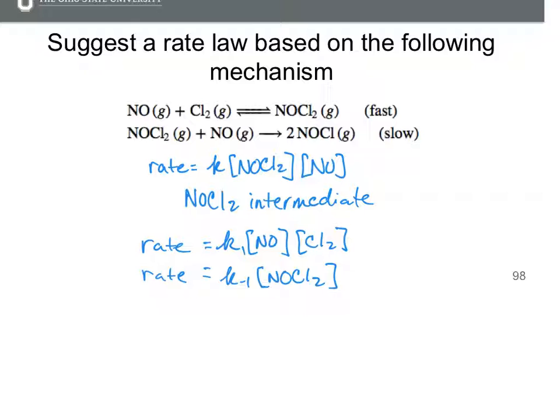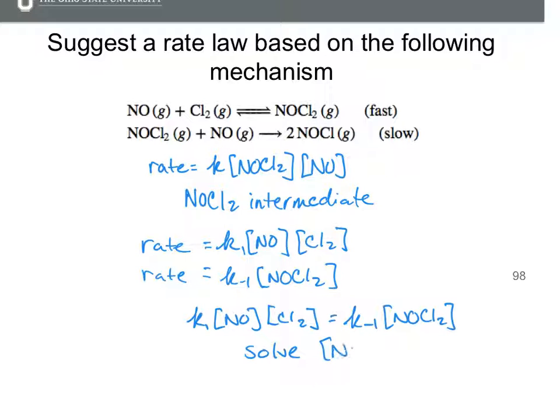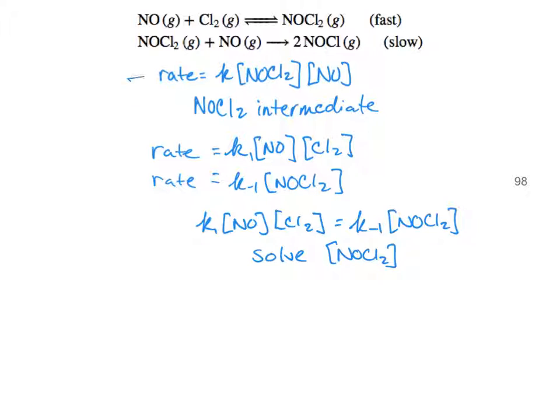We can set these equal to each other because at equilibrium, these rates are going to be the same. So we have K1 times NO times Cl2 equals K minus 1 times NOCl2. We'll solve for NOCl2 and then plug that into this rate law.